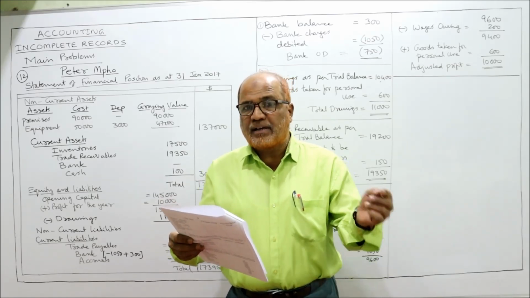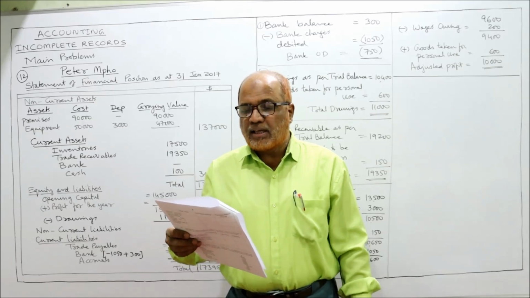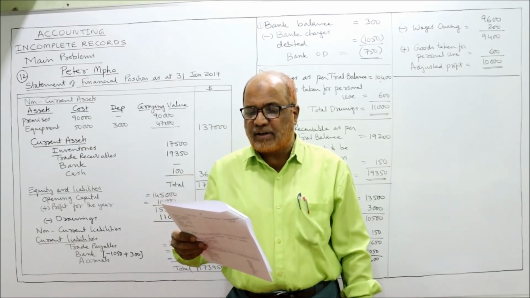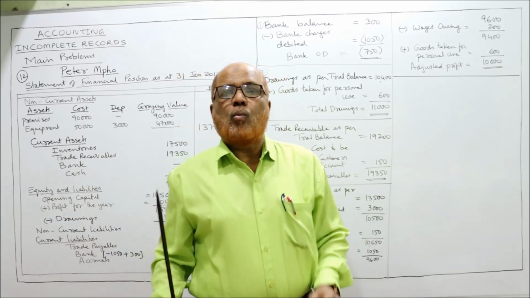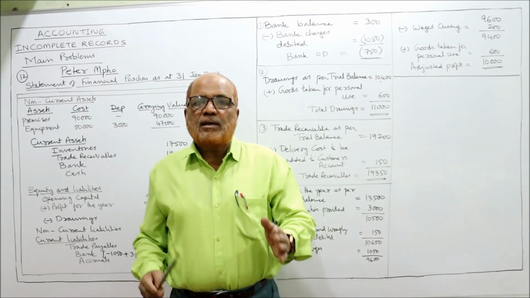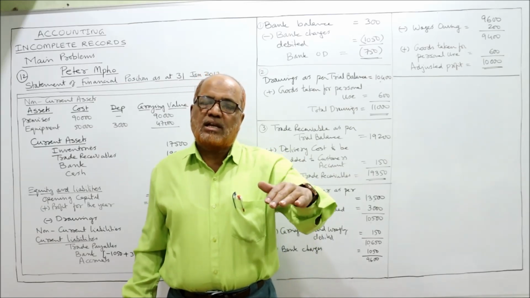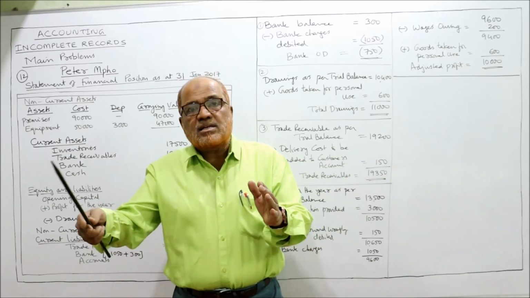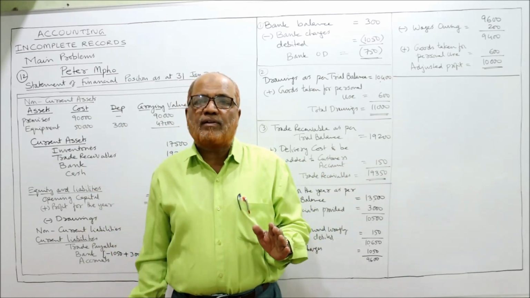Next is the cost of delivering goods to a customer. $150 was debited to carriage outward account. The customer had agreed to pay the delivery cost and this amount should have been debited to his account. $150 delivery charges have been paid and the business has charged these delivery charges to carriage outward. But the customer has agreed to pay that $150.